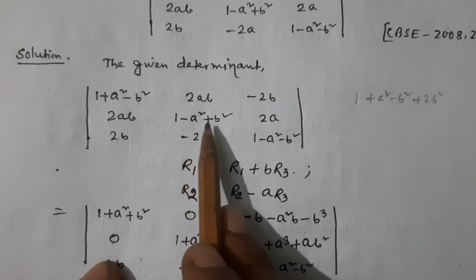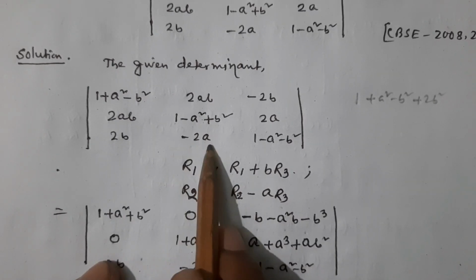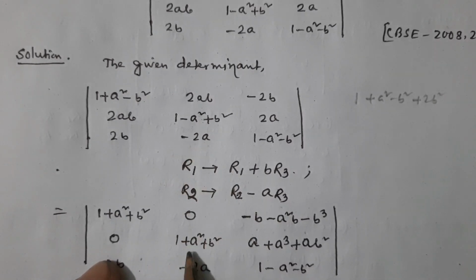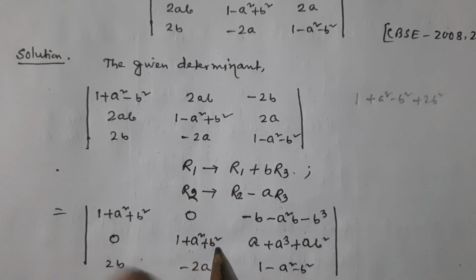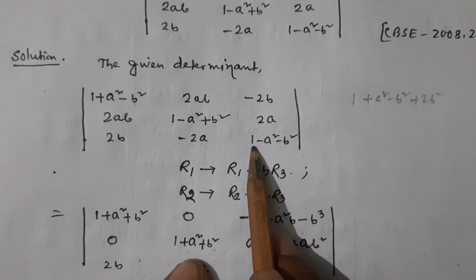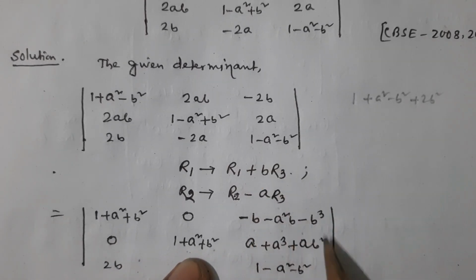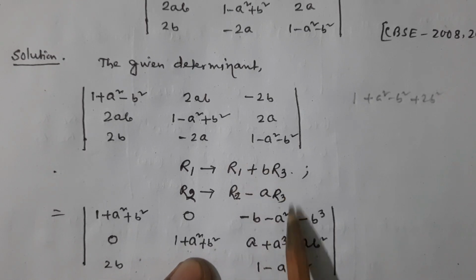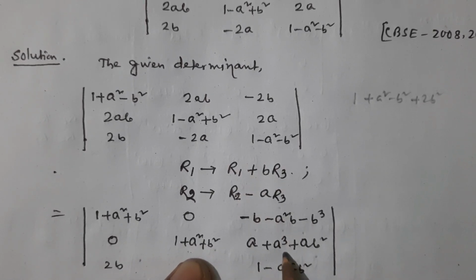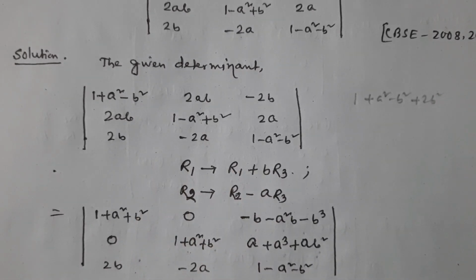The second is 1−a²+b² plus 2a², that is 1+a²+b². The third is 2a minus a plus a³ plus ab², which simplifies to a+a³+ab². The third row is unchanged.